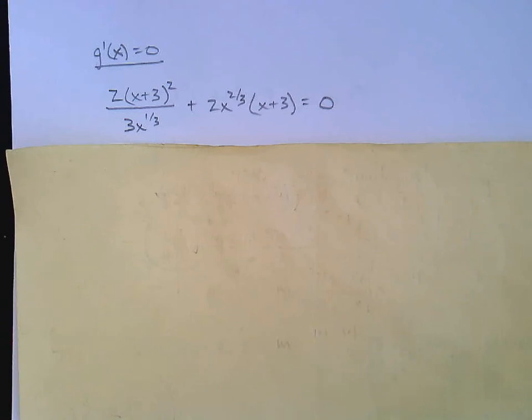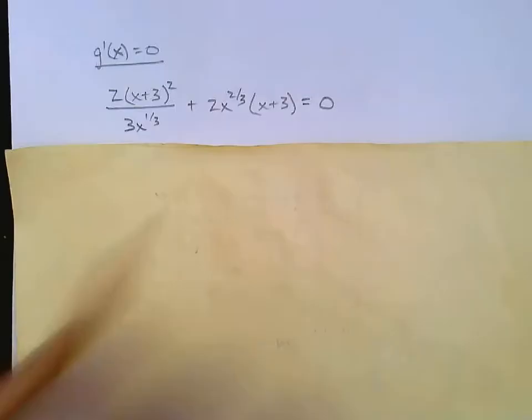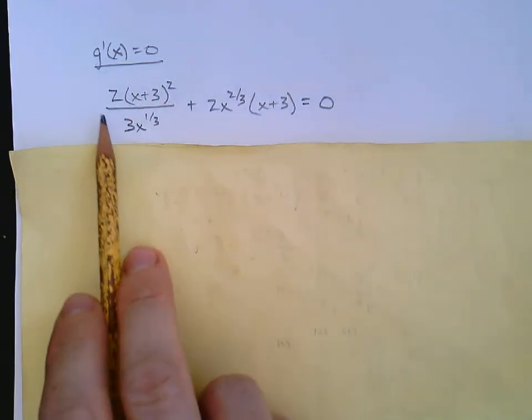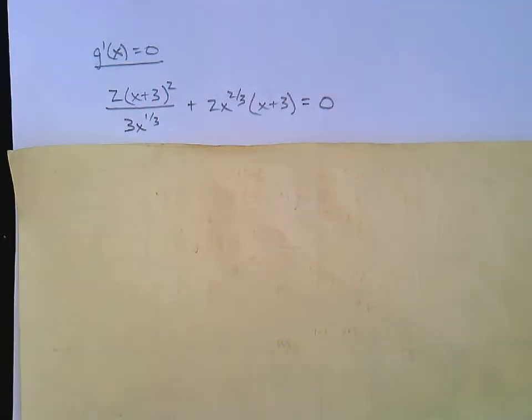Okay, 2 times (x plus 3) quantity squared over 3x to the 1/3, plus 2x to the 2/3 times (x plus 3), equals 0. Now this is intimidating, no doubt about it. But because we wrote this first part in a much more accessible form, we're actually just one step away from this equation looking a whole lot better.